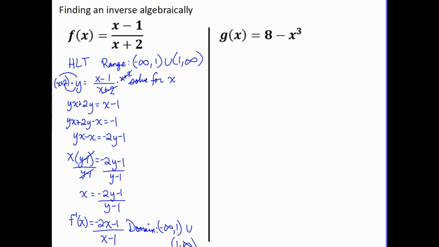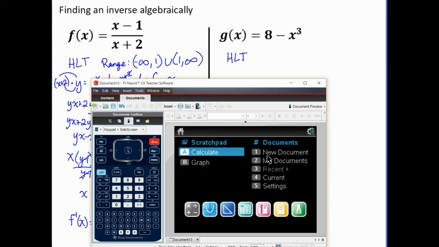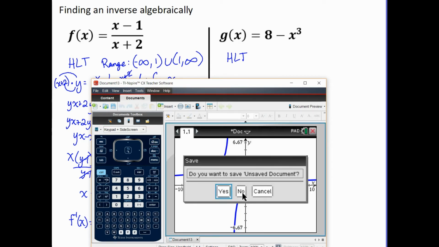Looking here on our next one, g of x equals 8 minus x cubed. Let's check the horizontal line test. I'm going to tell you guys right now, pretty much all the problems I've picked pass the horizontal line test. But if you skip this part, you're going to probably mess up a problem or two just because you're skipping the check.